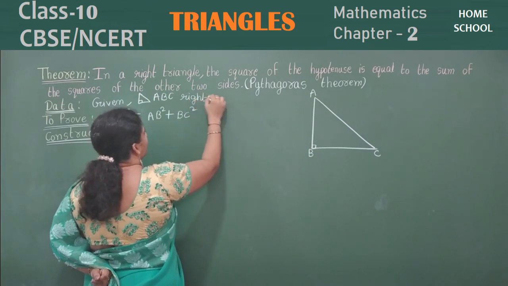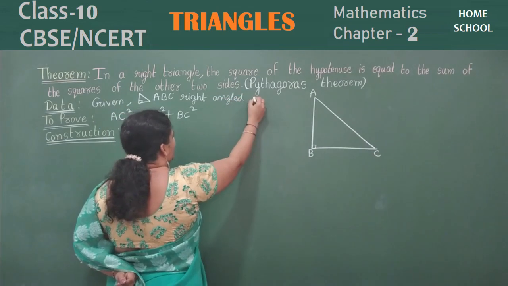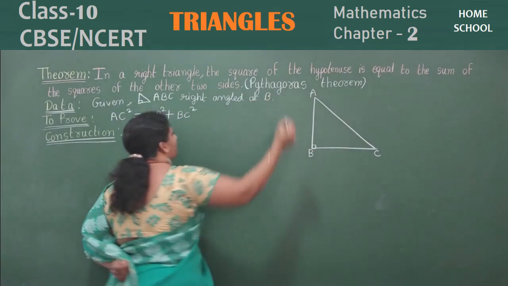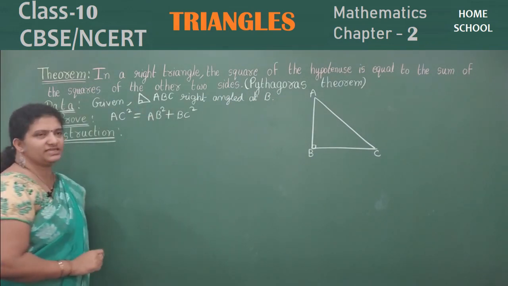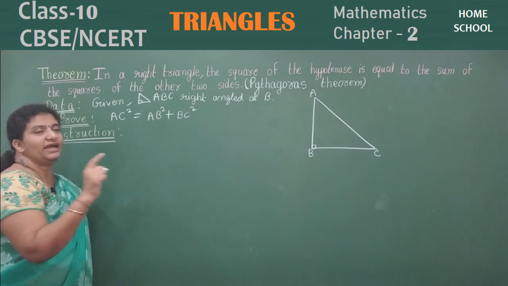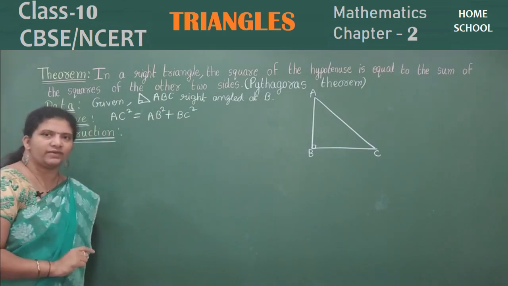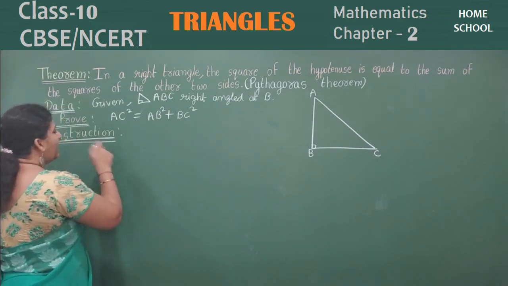Where is it right angled? At B. In right angle triangle ABC, it is right angled at B. Now, what to prove? Hypotenuse square is equal to the sum of the squares of the other two sides.